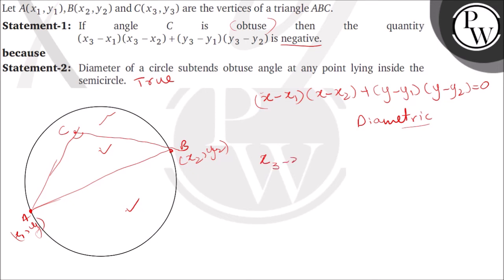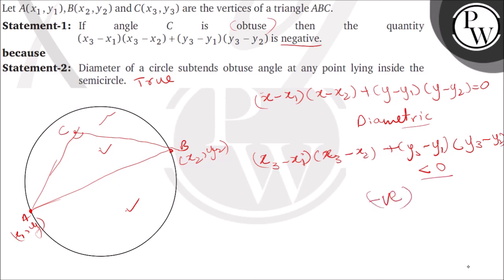We'll get (x3 minus x1)(x3 minus x2) plus (y3 minus y1)(y3 minus y2). So this quantity is going to be less than 0 since it's lying inside the circle. So since this is less than 0, it implies it is negative. Now since it's negative, we can say statement 1 is also true.